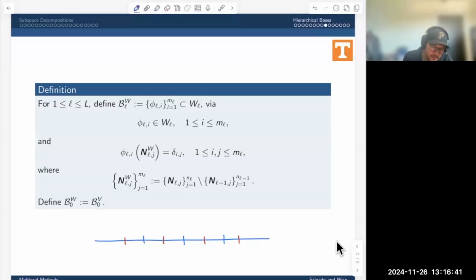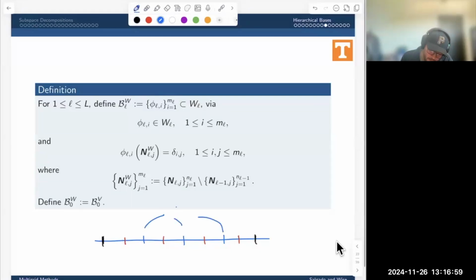We'll color those in black. Boundary grid points, I guess I should. All right, so there's the boundary grid points. The blue points are all the nodes in N_{L-1}.